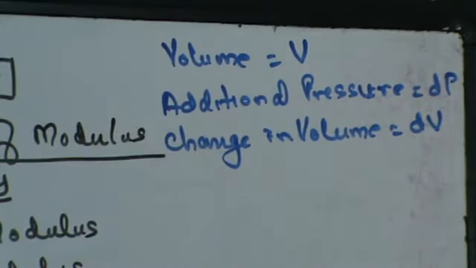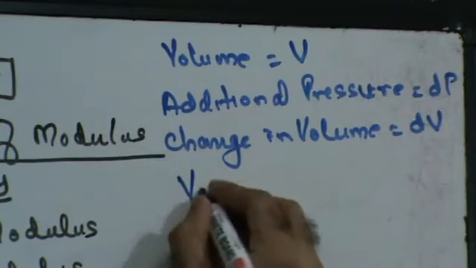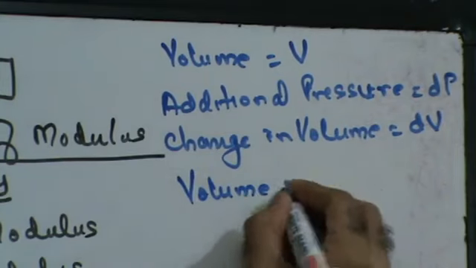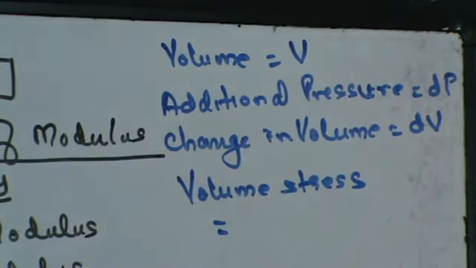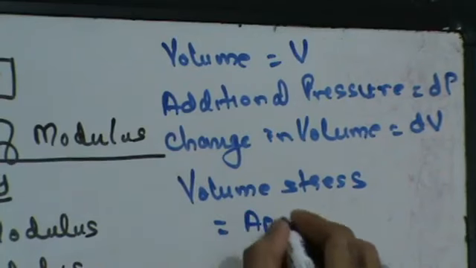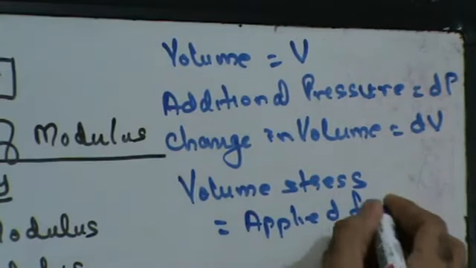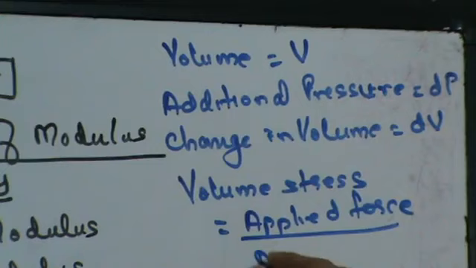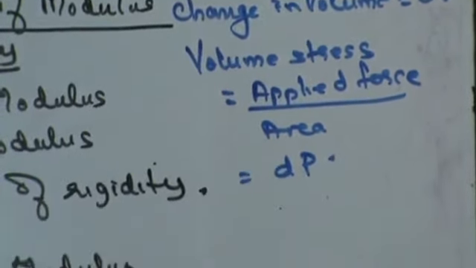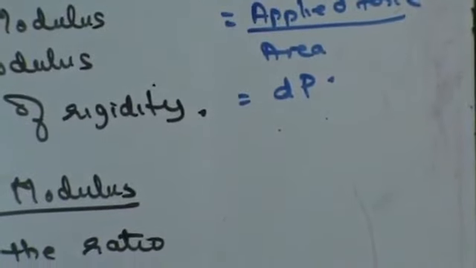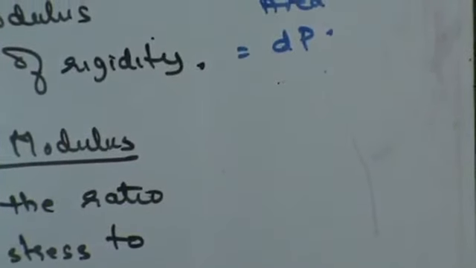Now in that case, what will be volume stress? Volume stress is nothing but applied force upon area. We had already found out that volume stress is nothing but dP, because force upon area is nothing but pressure.